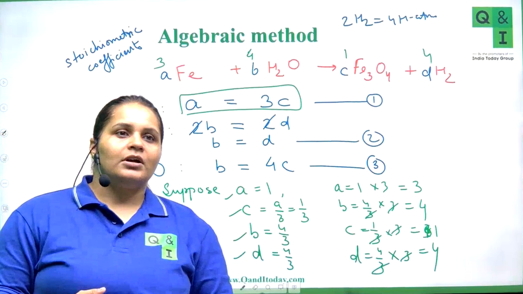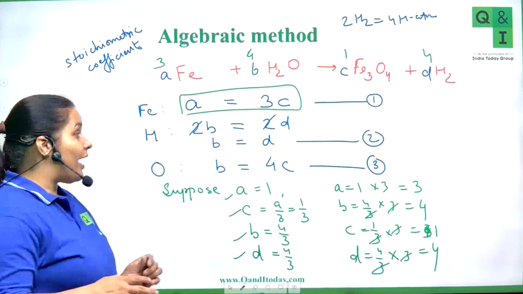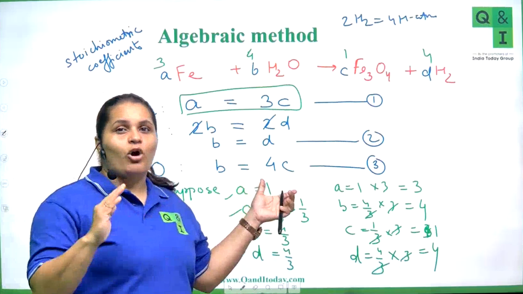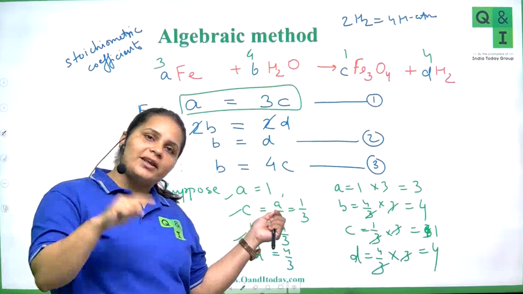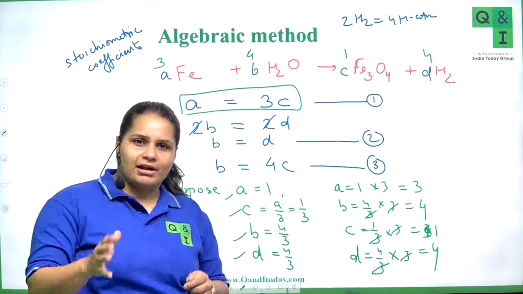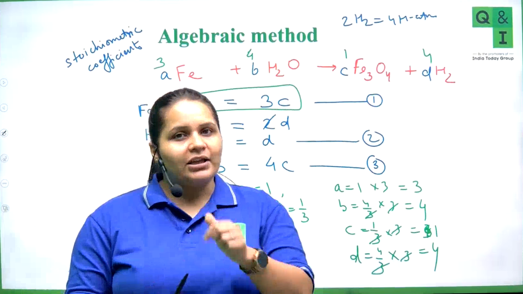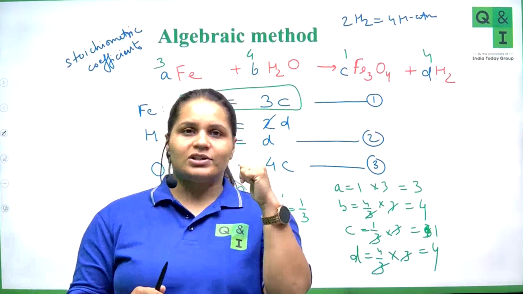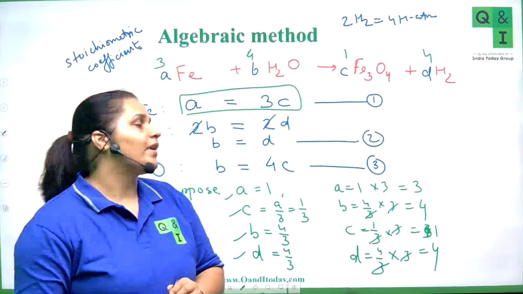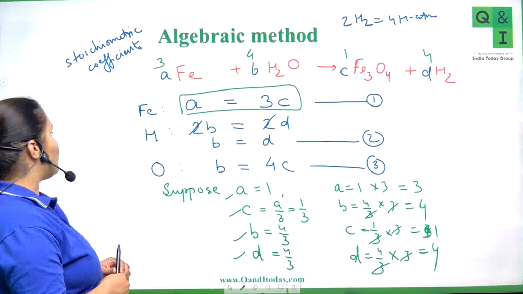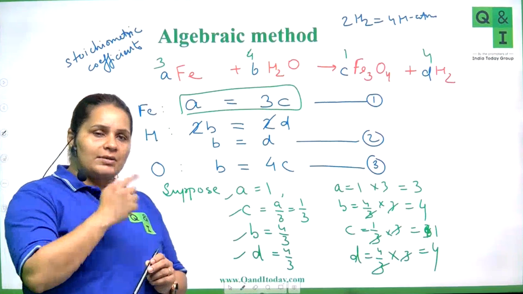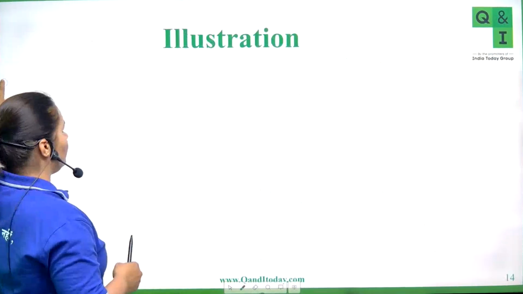Yes, ma'am, understood. Okay. So this is a bit longer method. That's why I'm saying first apply hit and trial. If you get stuck at any step, then you go for this method. Then this is going to help you out. Okay. Fine. So this was the method, and I'm coming back to the next slide now.